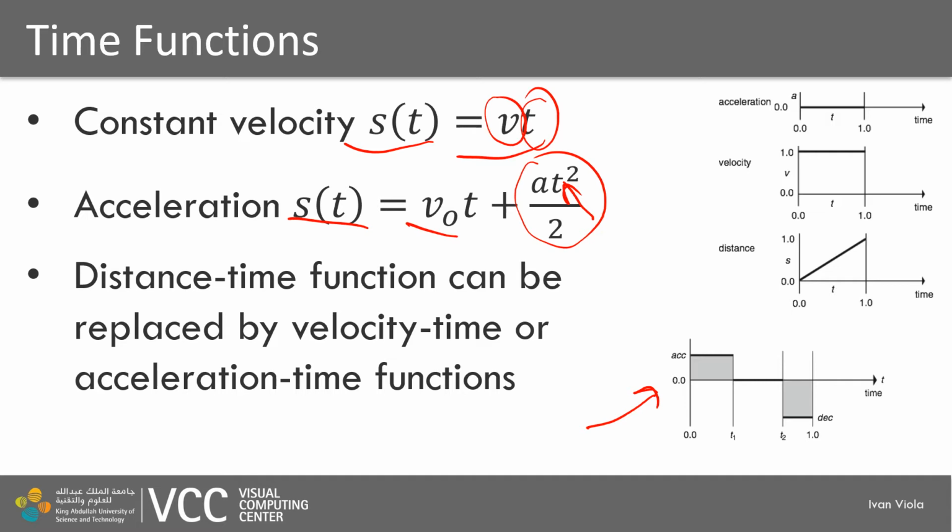So we have a constant acceleration. We are imagining we have a car and we are increasing the speed with a constant acceleration to a certain point t1, and then we have zero acceleration, which means that we are keeping the constant speed, and then we are performing some negative acceleration, so we are performing deceleration.